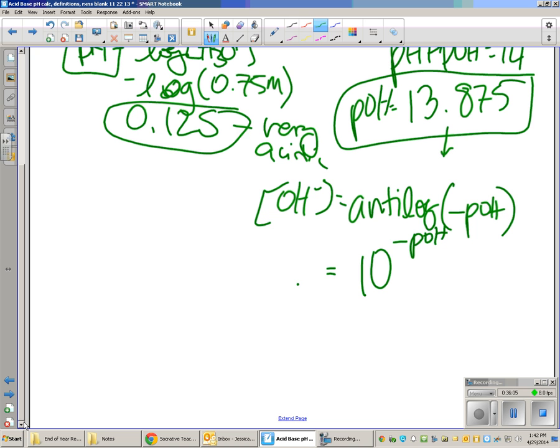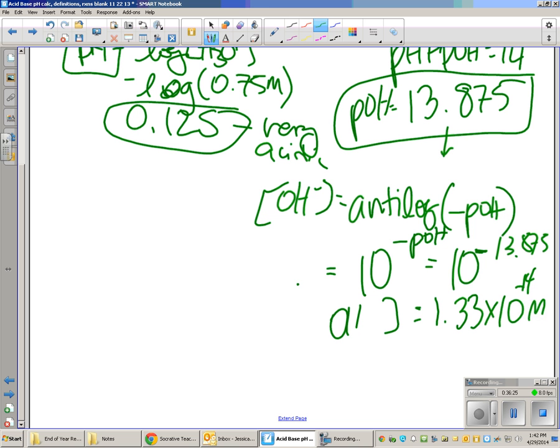So somebody solve for that one? And the OH here is 10 to the negative 13.875, times 10 to the negative 14. Okay. So that means that OH concentration is 1.33 times 10 to the negative 14.